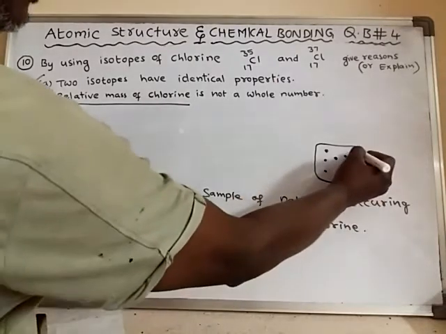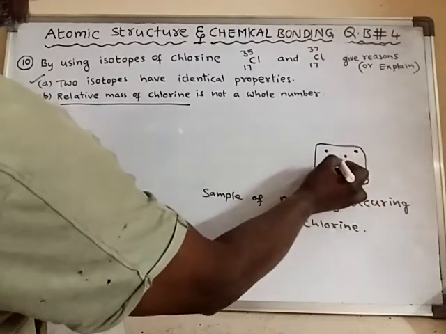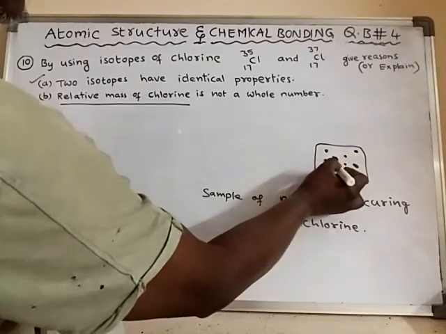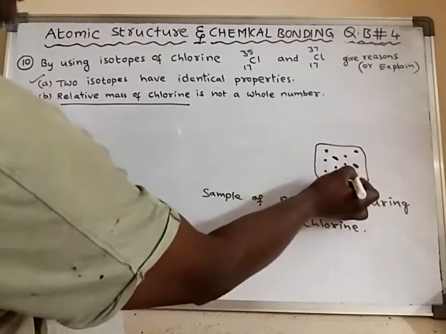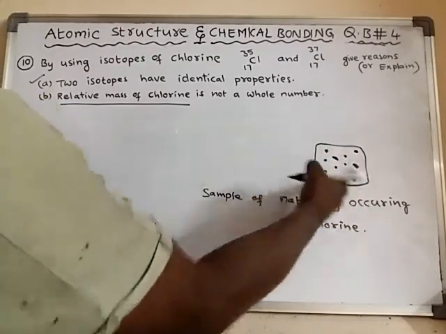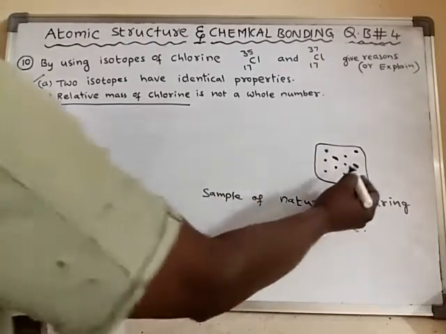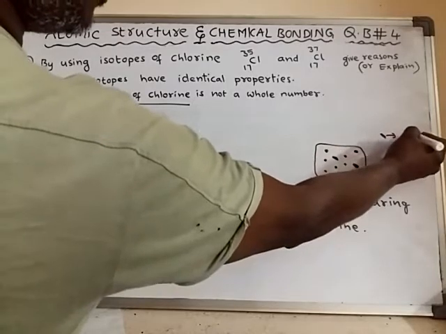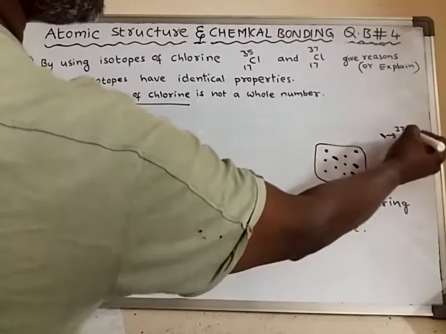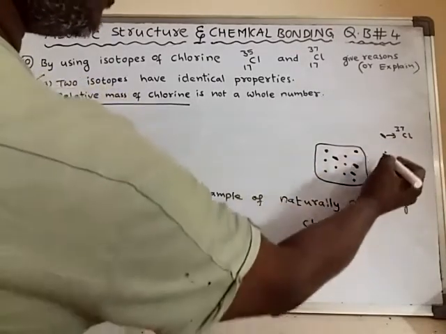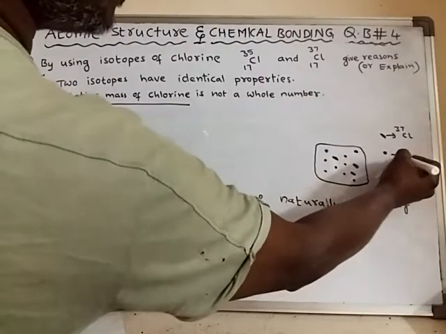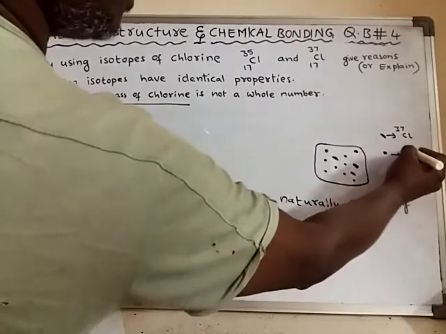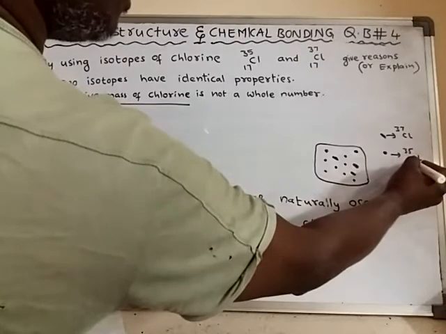Remember that this is most important. Suppose this is chlorine 37 and this dot is chlorine 35.